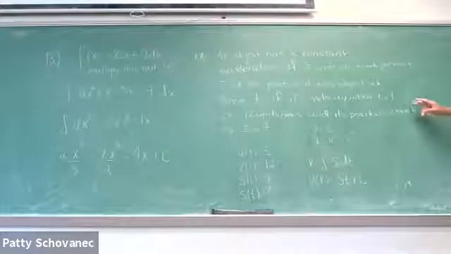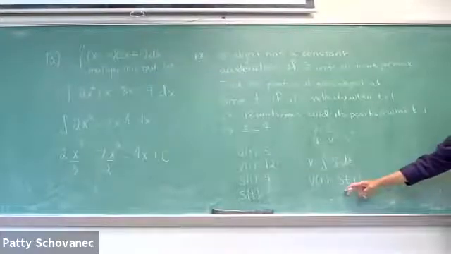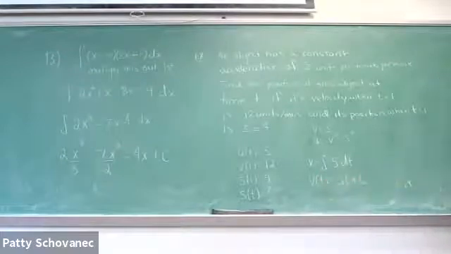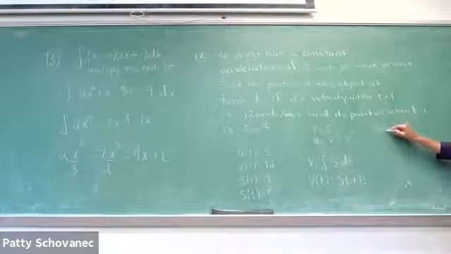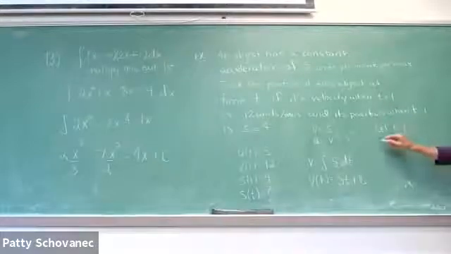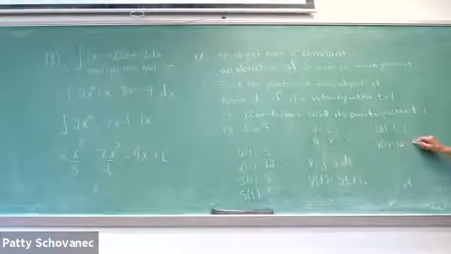This is going to help me find c. Its velocity when t is equal to 1 is 12. Use that piece of information to find this constant of integration. So v of 1 is 12. Now we let t equal 1. And we have v of 1, which is 12, is equal to 5 times 1 plus c.